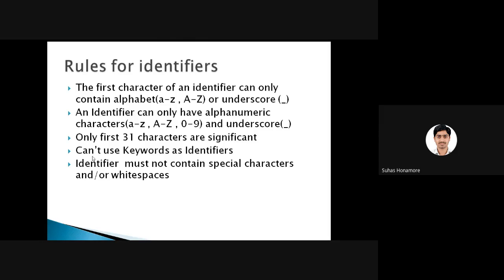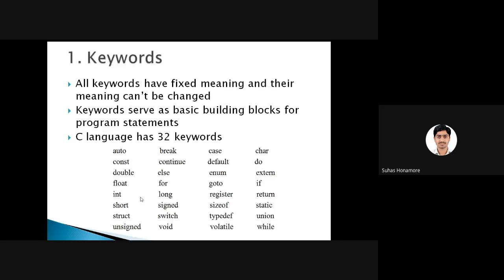And you can't use keywords as identifiers. Already we have listed the keywords, and these things we should not use as identifiers. What will happen if you try to use one as an identifier? Since it is already a keyword, the system will automatically know what task it has to do.